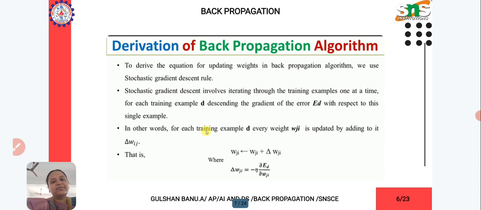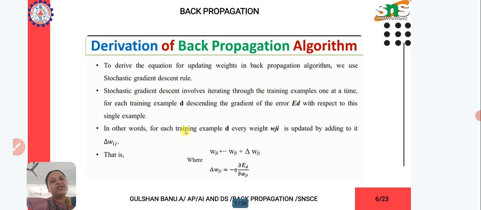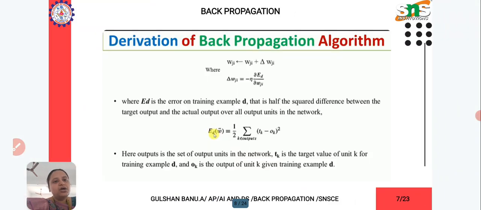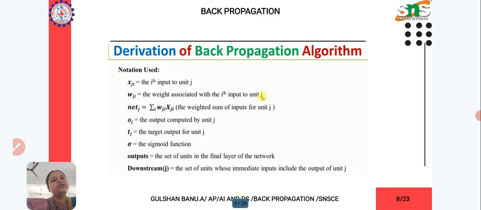So these are the mathematical representations of how you derive the backpropagation. Now here the error value is denoted as E_d equal to 1 by 2 summation of (t_k minus o_k) the whole square, that is nothing but expected output minus the actual output that you are deriving.